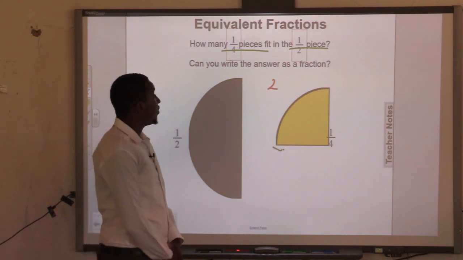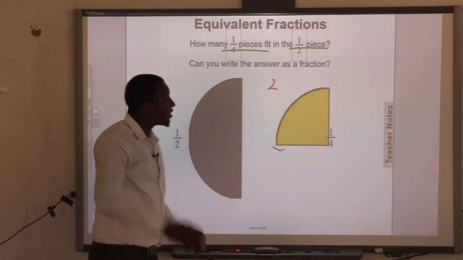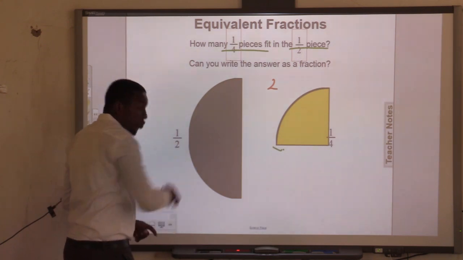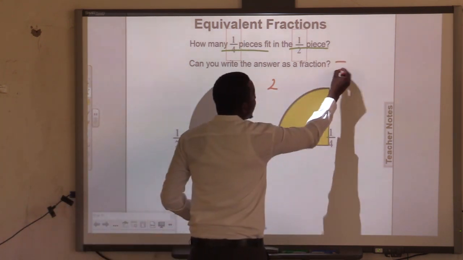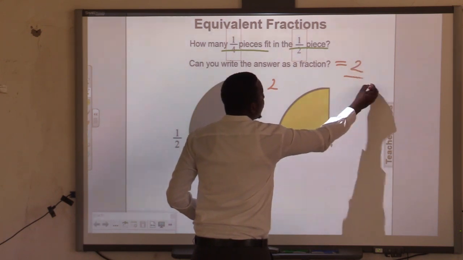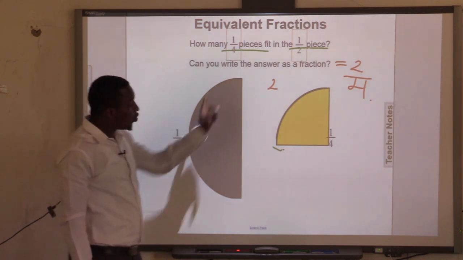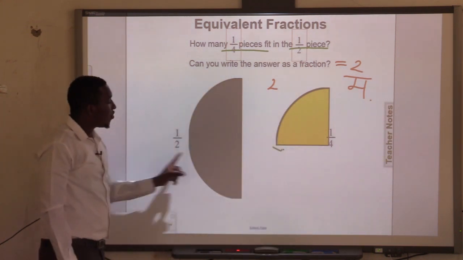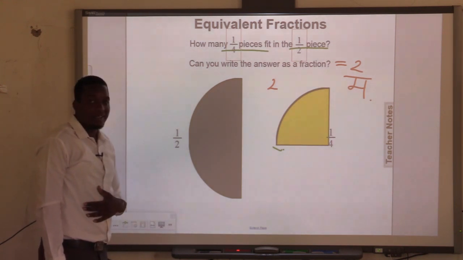The answer is yes, we can write it as a fraction, and because of the fact that 2 pieces of the 1/4 fit in the 1/2, then the answer for the second question is going to give us 2/4. That is, 2 of the 1/4 pieces fit in the 1/2 piece. I hope we all get that.